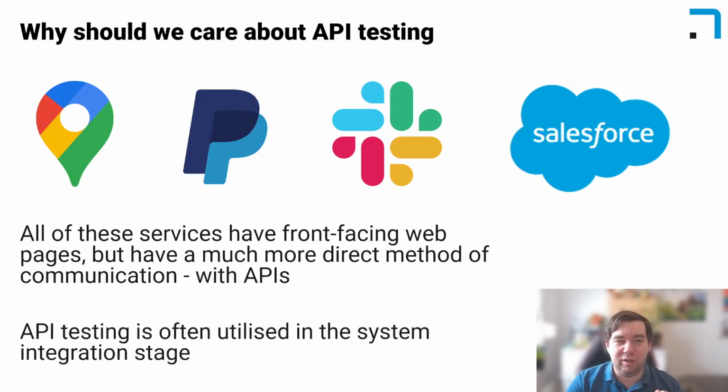APIs normally are tested in the system integration stage of testing and really should be a key component of late stage testing. However, we will discuss a way we can start testing APIs even earlier later in the webinar. And even if the software that we're testing right now doesn't have APIs, it may also communicate with other services that do use APIs.